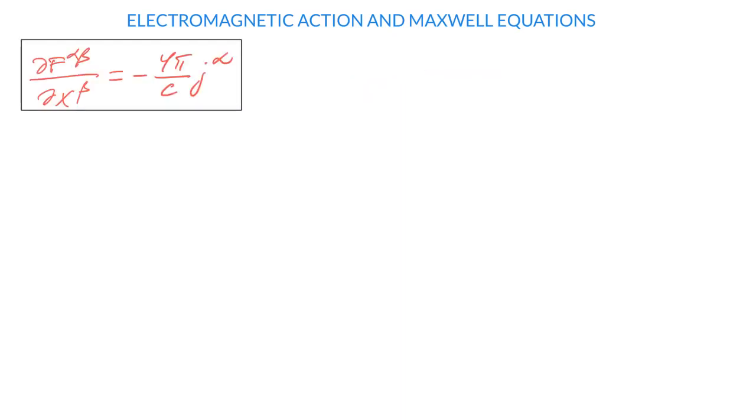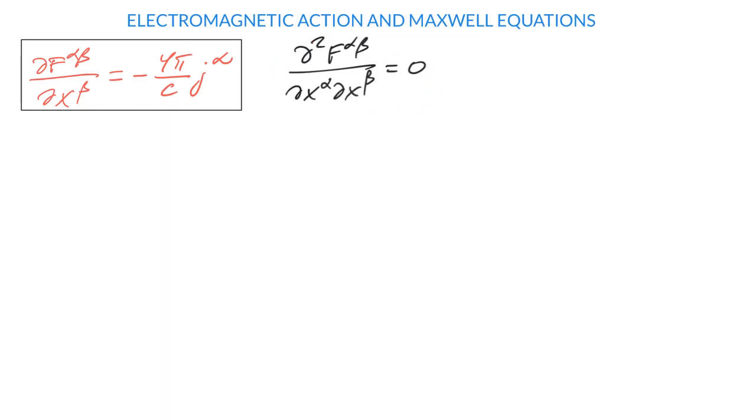Before we actually see that this is nothing other than Maxwell's equations, let's observe one nice feature of this equation. Because f alpha beta is antisymmetric, automatically the second derivative with respect to the coordinates is 0. Now, this means that if we take the equation of motion and take its divergence with respect to the alpha index, on the left-hand side we'll get this, which is 0.